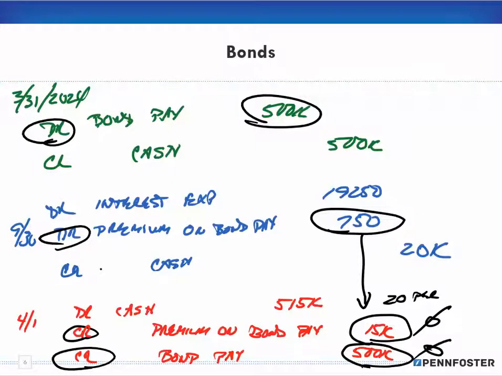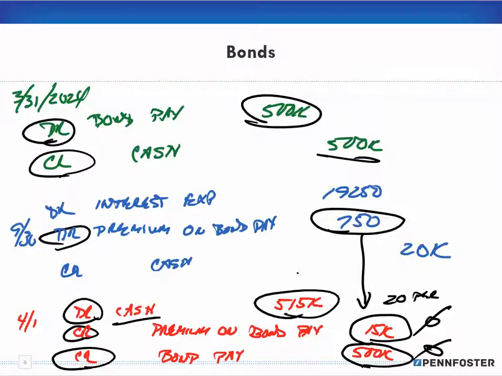And what are we left with? The cash offsets the cash, okay? And we have the $15,000 in cash that's sitting in our account that we received as a premium, okay?